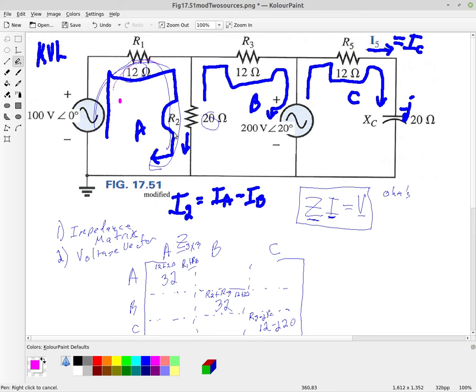And so now what we want to do is we're going to come over and start back at loop A. So over here you have A and B. So what we're looking for is all the impedances where A and B are together. And they're opposing each other in this case, right? Because we defined A as going clockwise, which means it's going down through R2. And we defined B as being clockwise, which means it's going up through resistor R2.